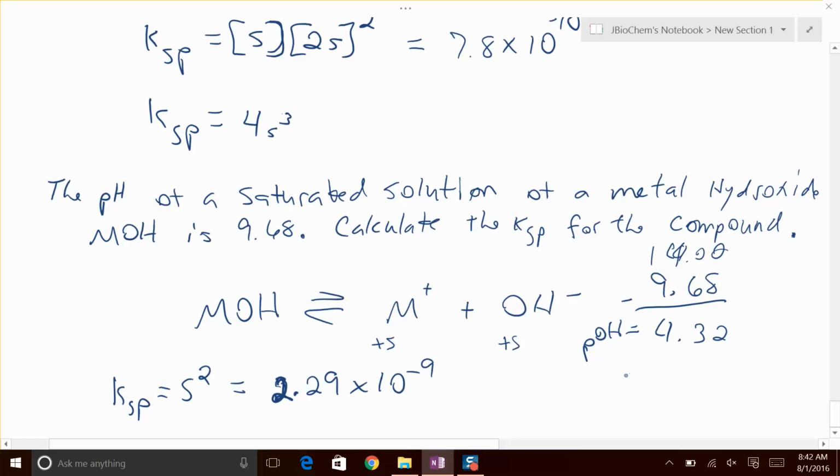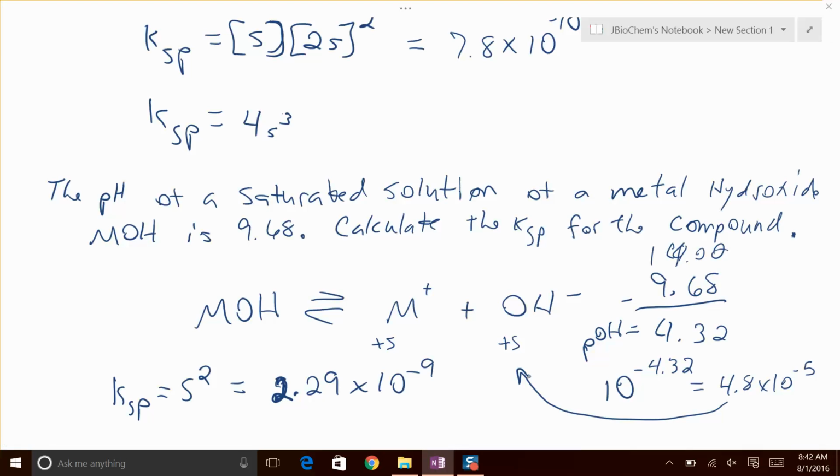Then I take 10 to the negative 4.32, and I get what? 4.8 times 10 to the negative 5, which is my OH minus ion concentration. And so once I know that, I know what the other s is, or I can just simply say s squared. So 4.8 times 10 to the negative 5 squared. Okay. That would throw it off just a hair, right?